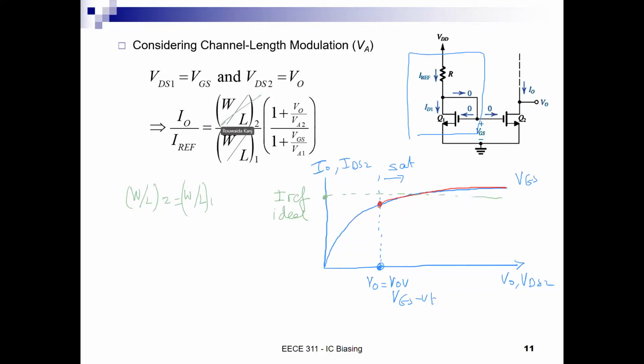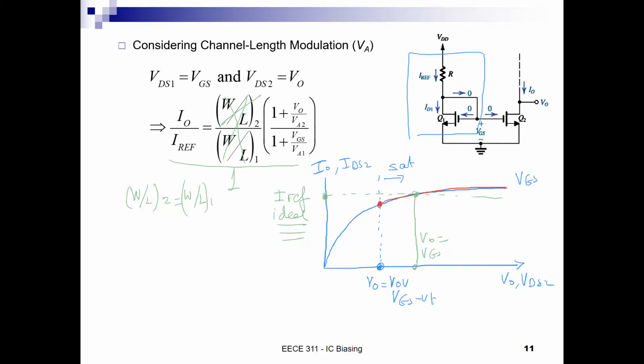If this ratio is 1, I put 1 for simplicity of our discussion, at what voltage VO would I get my ideal response? When VO is equal to what? According to this equation which we see here, what value of VO, if I guarantee to you that the sizes are equal, will make IO equal perfectly to I reference? VGS. So therefore, at the value of VO equal to VGS, I will get exactly my ideal I reference.